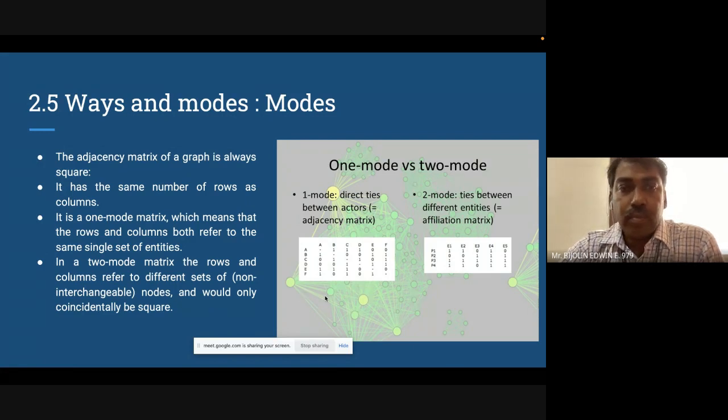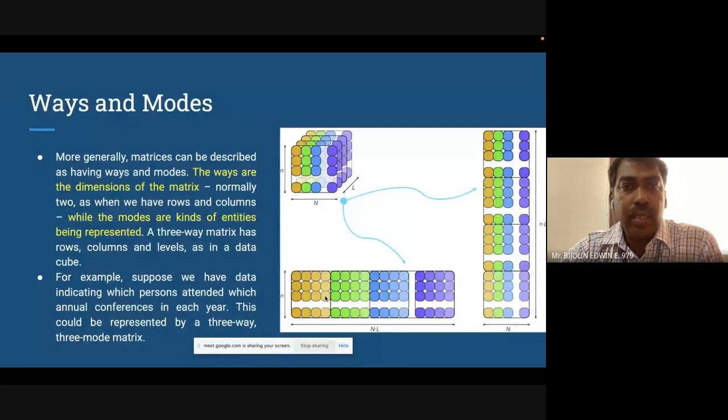And then when you take ways and modes, here you can see the ways are the dimensions of the matrix. Here you can see the different layers, which have different entities. So different layers are grouped under one matrix. So this is one mode, and ways is under different modes. This mode can be represented under different ways.